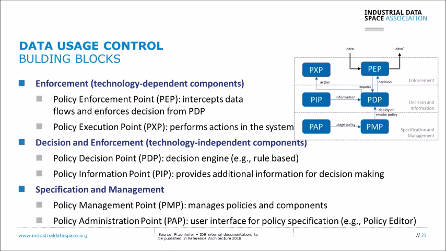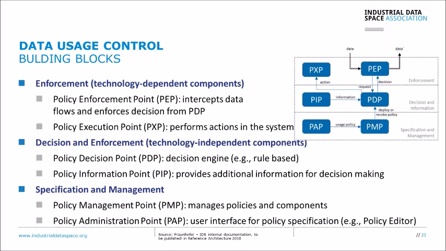We do need decision and enforcement. Therefore, the policy decision point and information point. The policy information point provides additional information for decision making, for example, information about the person or the company that is using the data. And the decision point can decide on the usage of this certain data set, for example, rule-based or process-based.